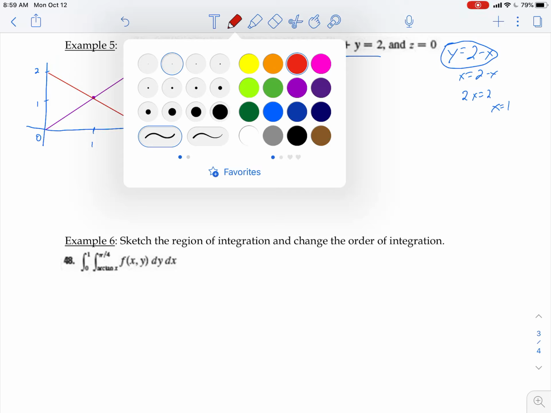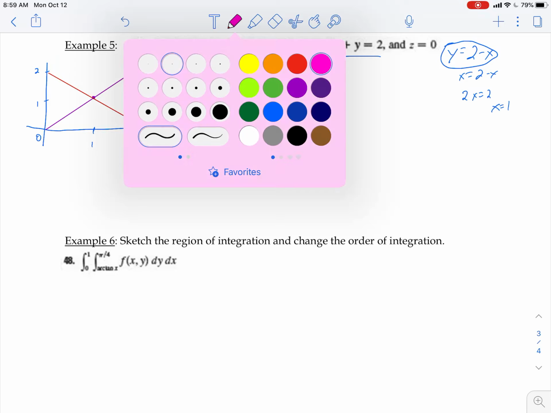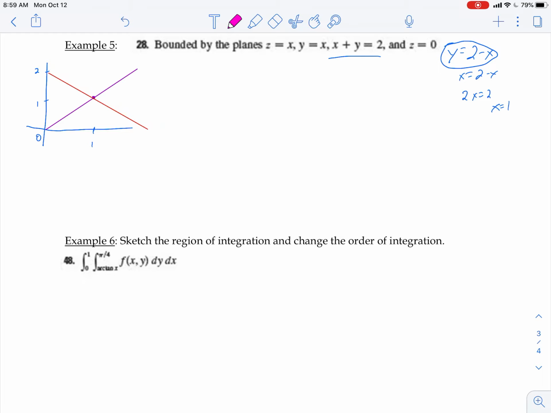And so I'm trying to find where it's bounded by z equals x, y equals x, and x plus y equals 2, and z equals 0. So just that region right there.